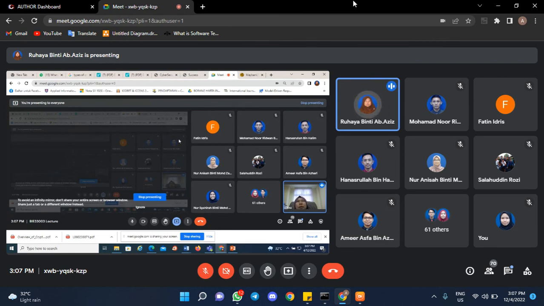Sekarang ni kriptografi dah sampai ke quantum, ada quantum crypto. Dia dah lain dari teknologi tu. Nanti saya akan share balik slide ni.